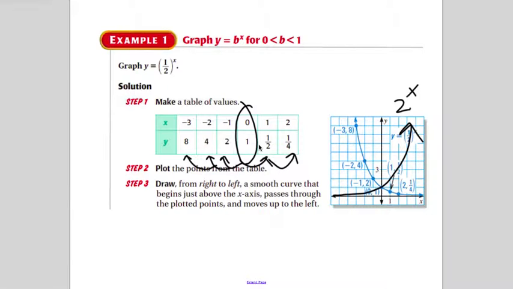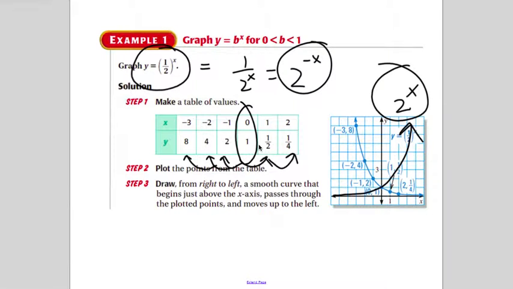Why don't we take a second and think about why that is? Why is it a horizontal flip over the y-axis? This function right here can actually be written as 1 over 2 to the x, which is also equal to 2 to the negative x. Notice the difference between these two is simply the negative in front of the x, which means these two are horizontal flips of each other.